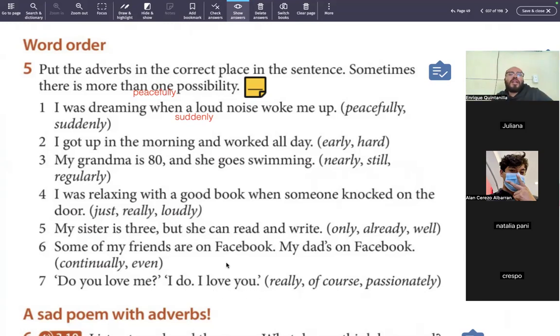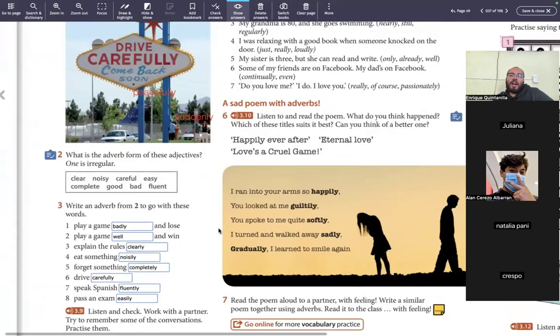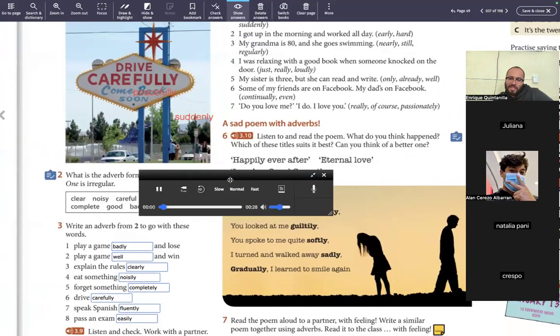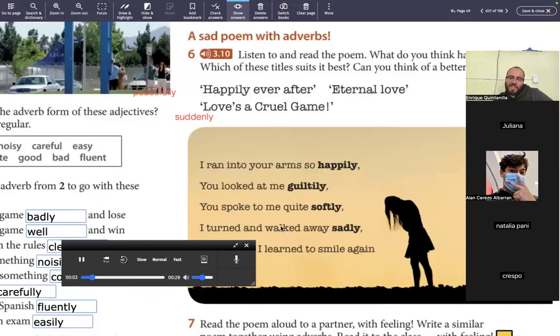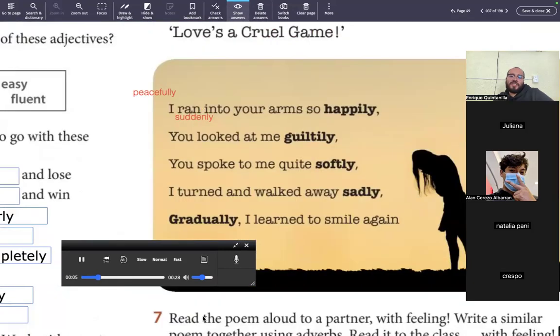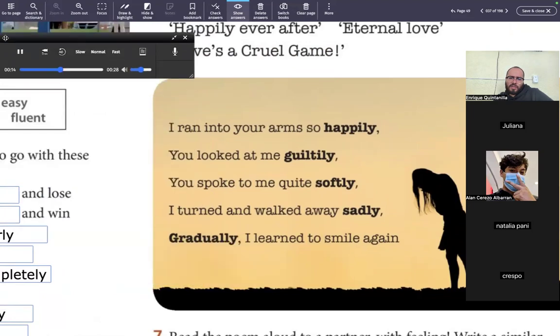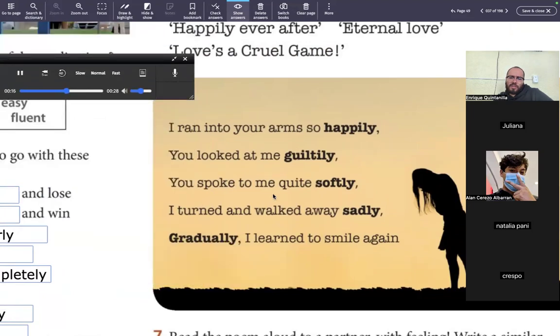Yes, correct. Very good. Okay, we have here a sad poem with adverbs. Listen to the poem. A sad poem. I ran into your arms so happily. You looked at me guiltily. You spoke to me quite softly. I turned and walked away sadly. Gradually, I learned to smile again.